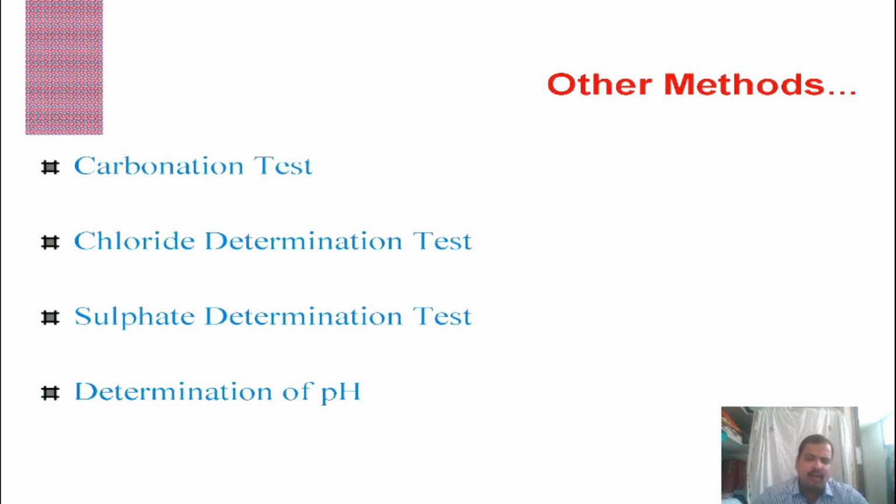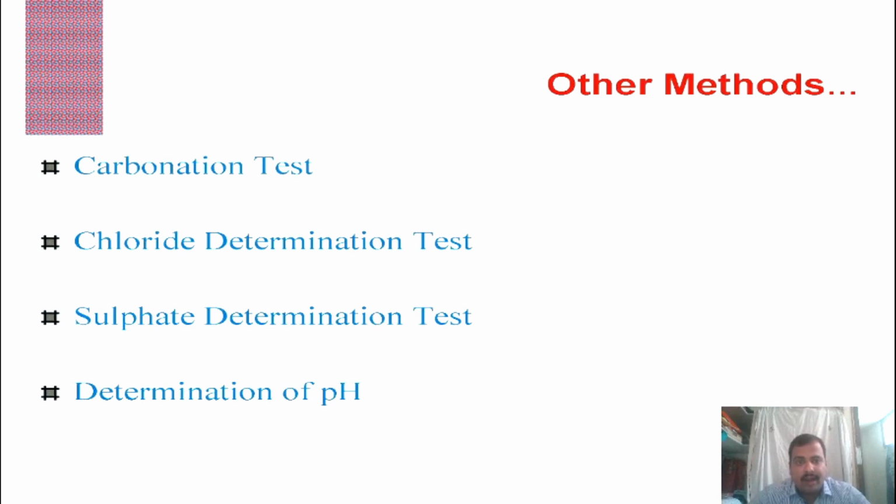This free carbon dioxide is responsible for lowering the pH value from 12 to maybe 11. Due to that, the chances of corrosion increase.